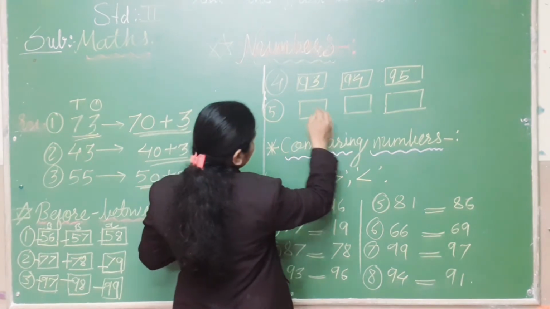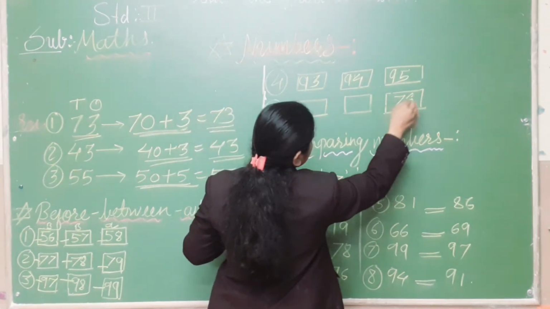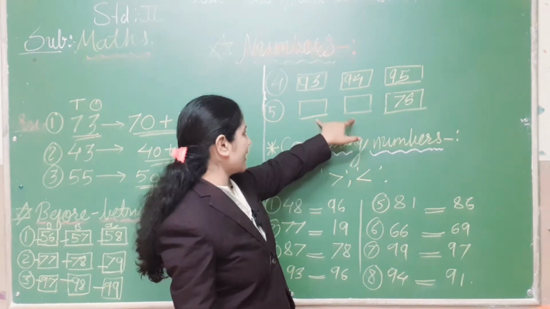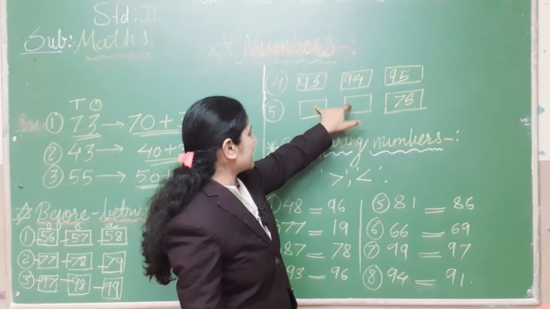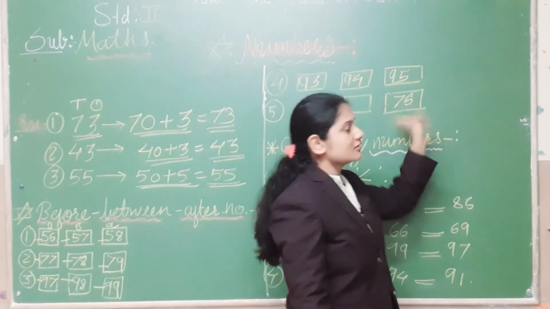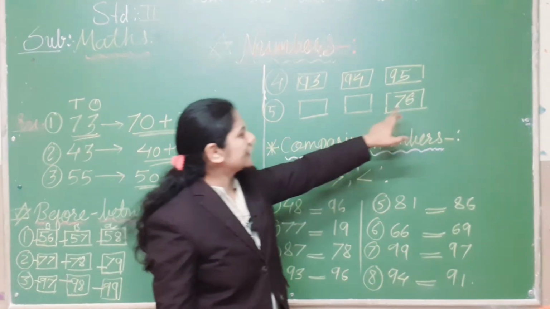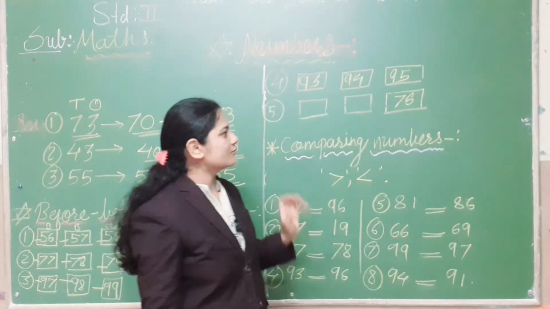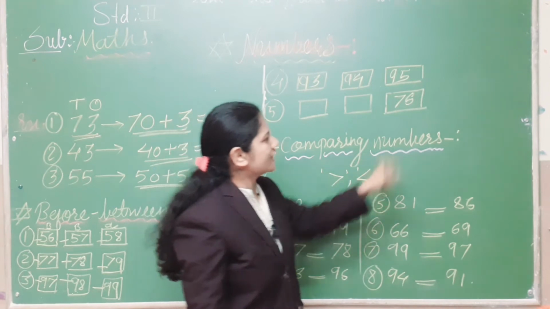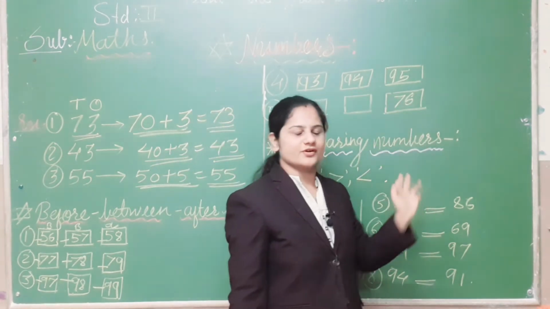Now here I write down the number 76. See students, I keep these two blanks. Fill in the blanks. You have to fill these two blanks. I directly write 76 in the third blank. Then you have to write down the before number, between number, and then this is the after number.